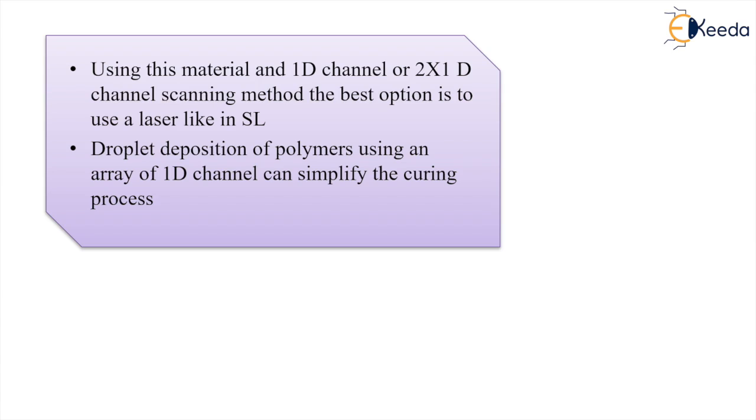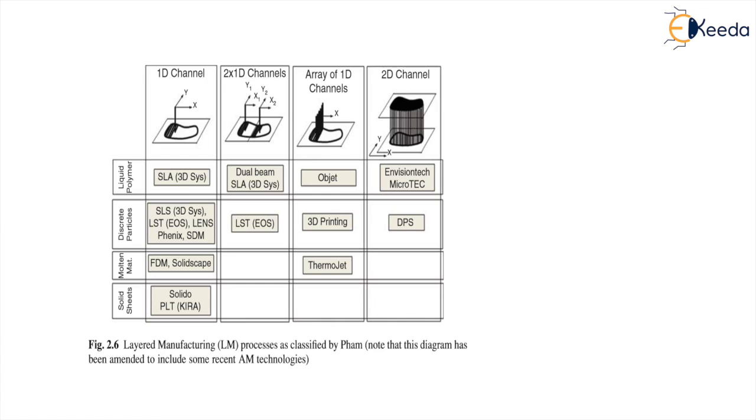Now, what are these one dimensional and 2 by 1 dimensional channels? These are the arrays for the different classifications of AM. See, these are the additive manufacturing processes as classified by FAM. This is the liquid polymer, discrete particles, molten material, and solid sheets.